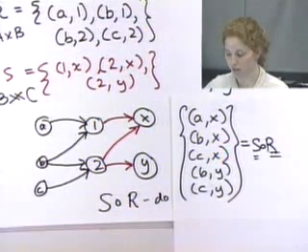Okay, so let me write a definition of doing composition. Because you're going to think this is kind of cool. It's going to look kind of like the definition of transitive.